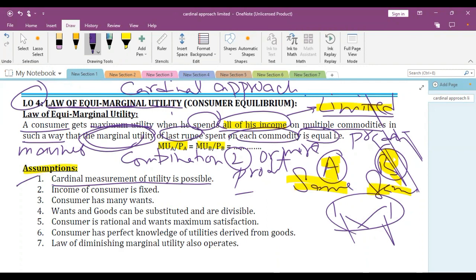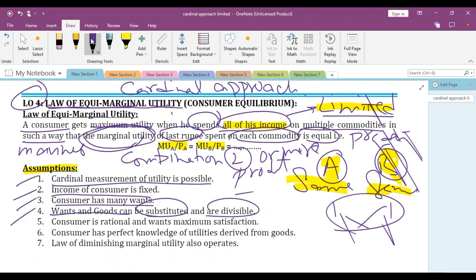Second assumption is that the income of the consumer is fixed, means there must be no change in the income of the consumer. Third, the consumer has many wants. Wants and goods can be substituted and are divisible.